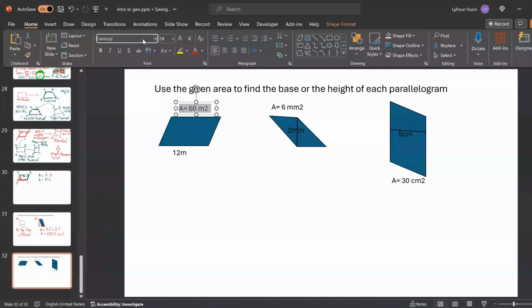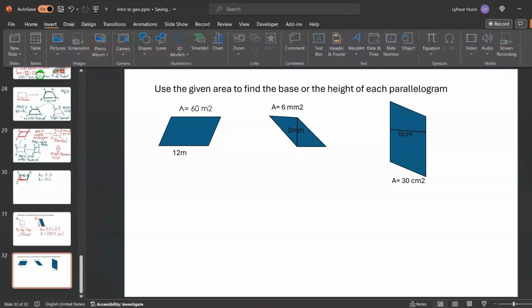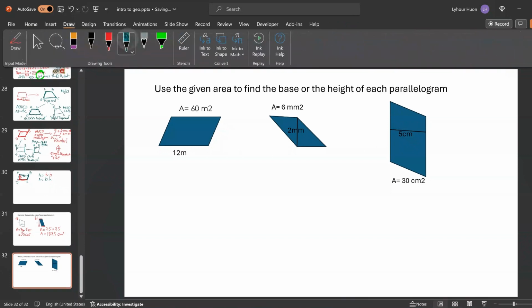Yeah, I got the answers. You got the answer? Yeah. Okay, so the first one I got 5 as the height. Very fast. So the question is either find the base or the height, right?